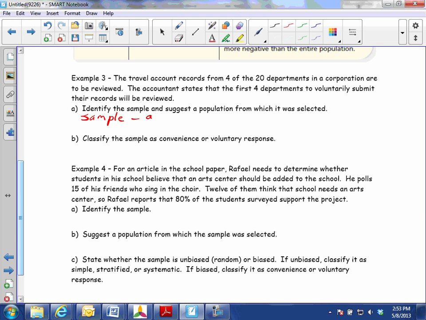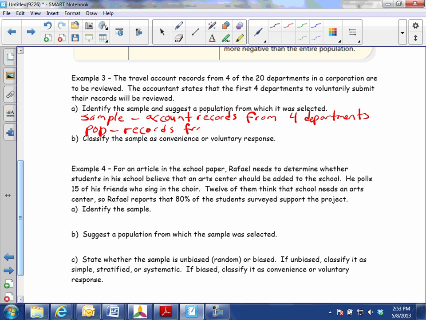So travel account records from 4 departments. The population would have been records from all the departments.